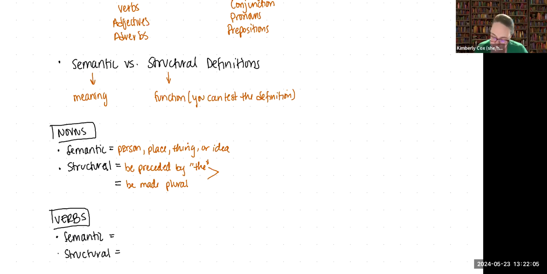For instance, I could say "the oxen." I've taken ox, made it plural, and I can put "the" in front of it. I could say "the boxes." I could also say "the readings." This is an example of a gerund, in that it's a verb that has come to function like a noun. So I can actually test.